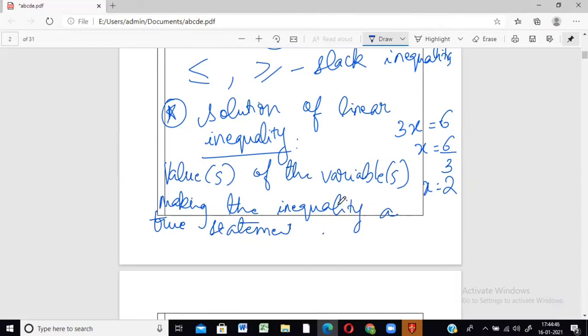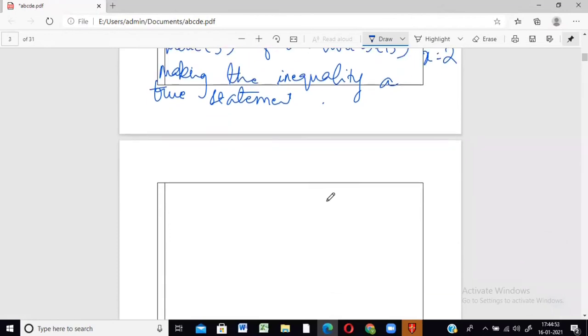Now, in case you have more than one variable, as I said, x and y, or x, y and z, then the set of all solutions of the inequality will be called the solution set. We have done the solution set in school days also. If you get x comma y, something like 1 comma 2, that is nothing but the solution set. It is the set of all solutions of the inequality this time.